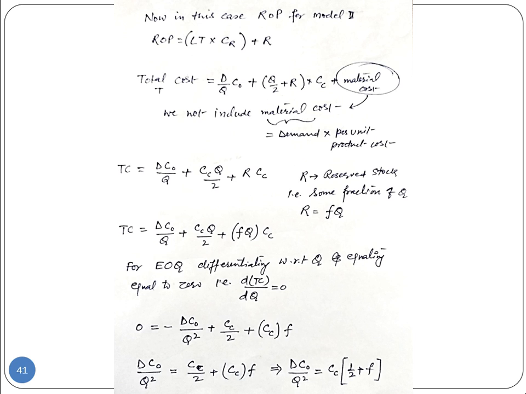So that means some fraction part उसका जो है F is there, और F in the numericals, F, this value is given कि this much total fraction or total reserve stock items is there.